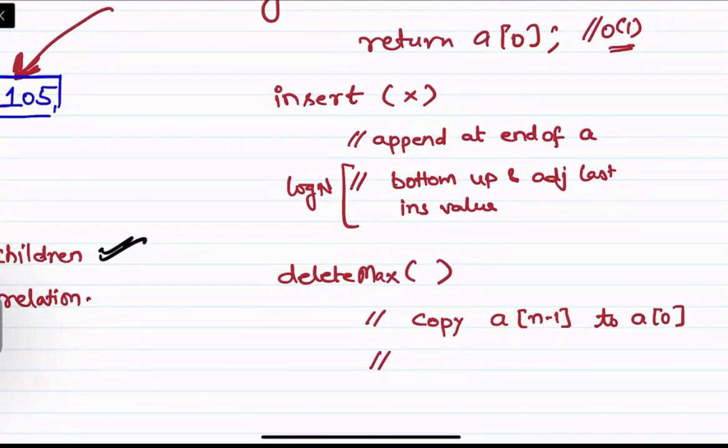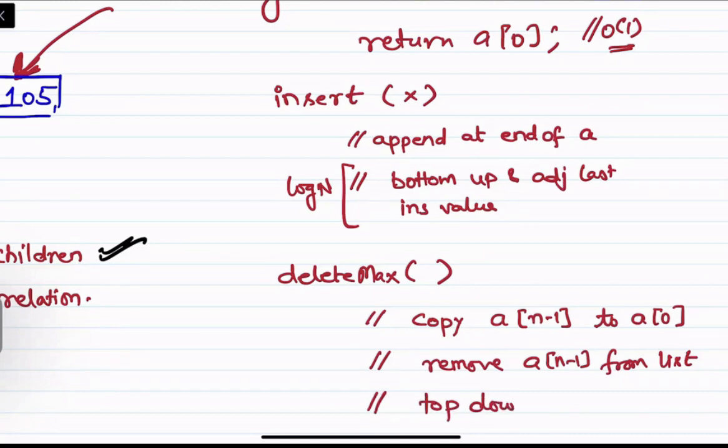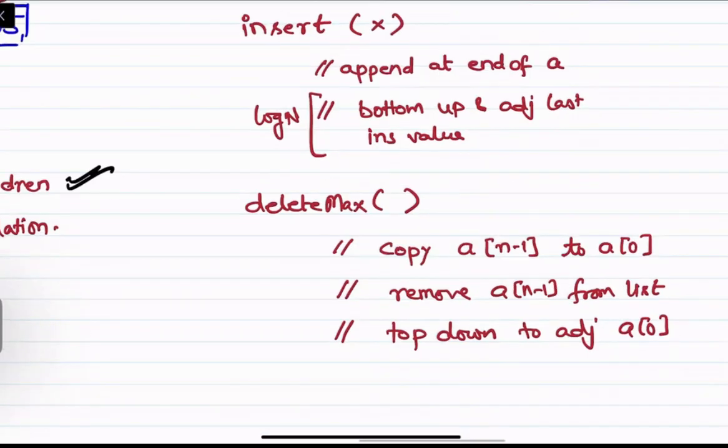We go top down. Sorry, before that we remove a of n minus 1 from the list, so the list size reduces. And then we say top down to adjust a0 to its correct place. How much time will this operation take? This will also take log n.